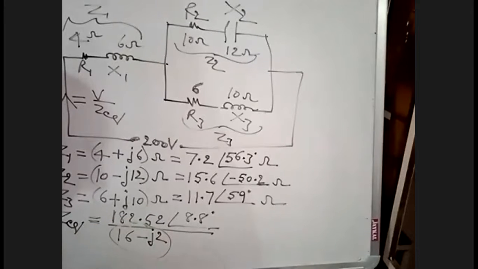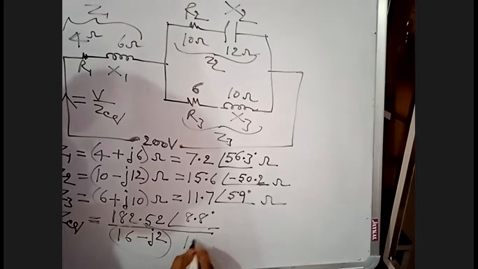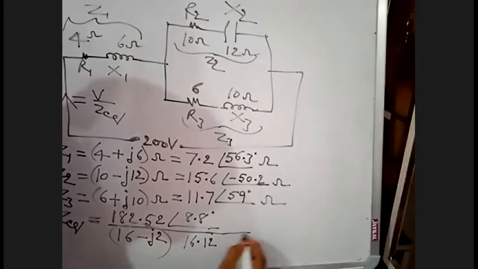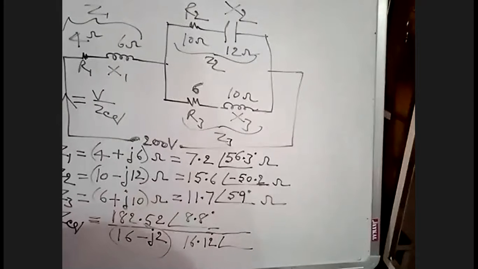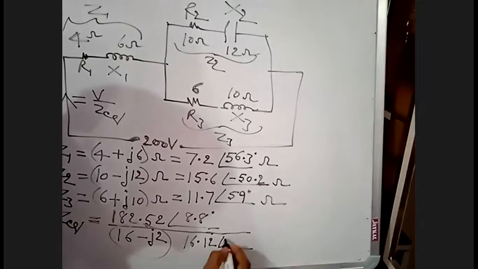The denominator is 16.12 at an angle of minus 7.1.